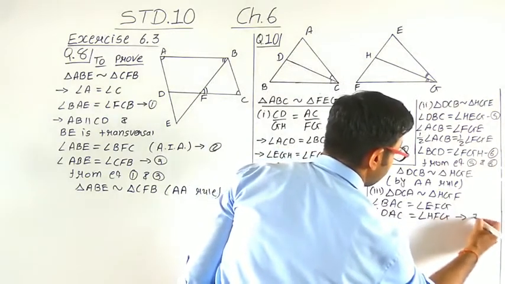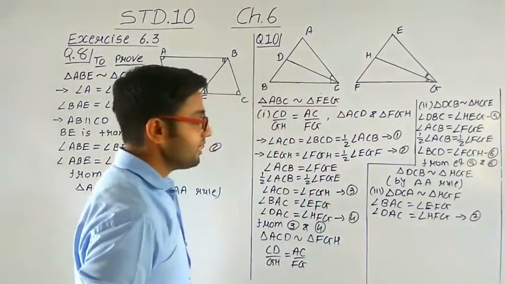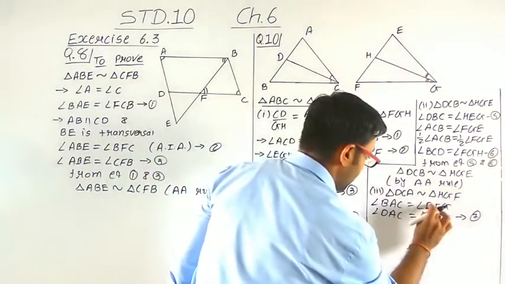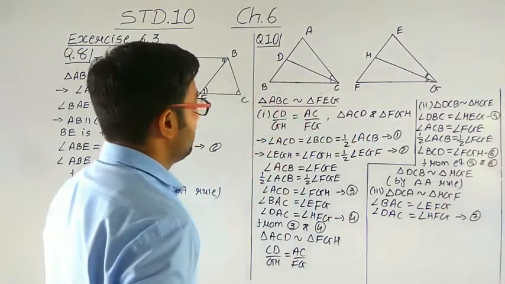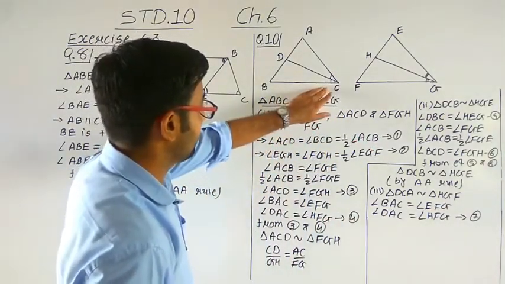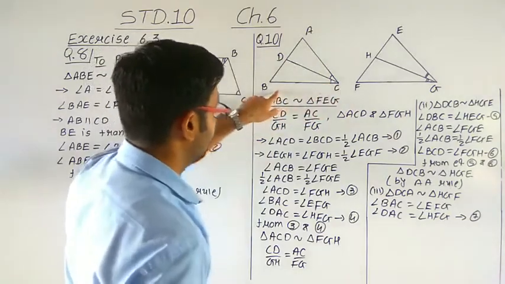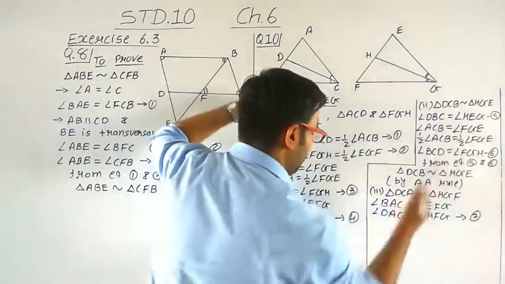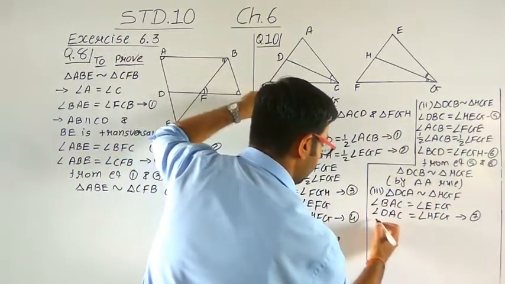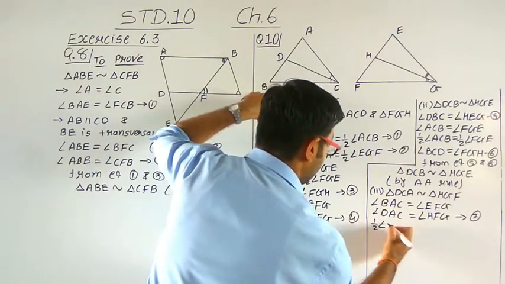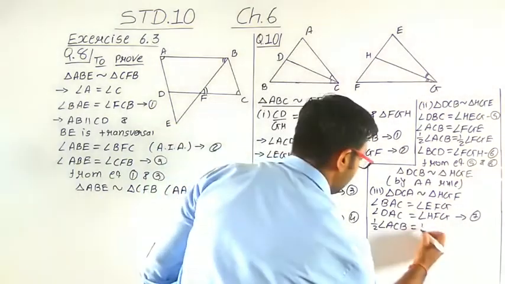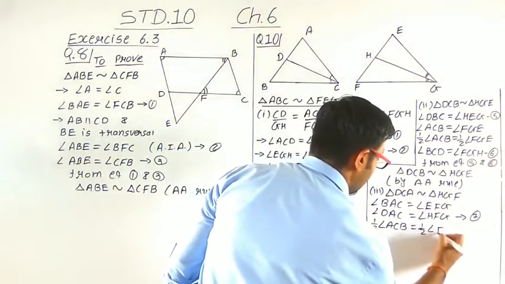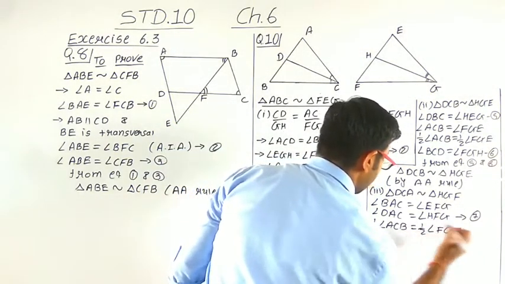Give it equation number 7. So one angle of these two triangles is equal. Now think about the second angle. We can take the angle ACB, the same thing we did before. One half of angle ACB is equal to one half of angle FGE.